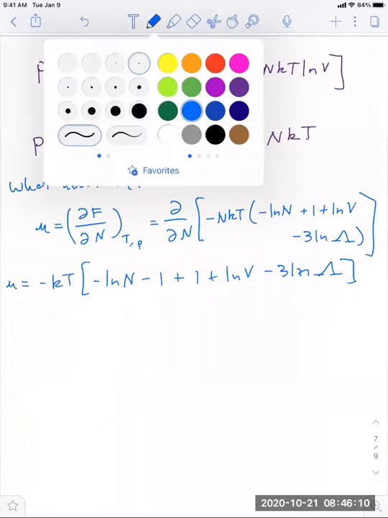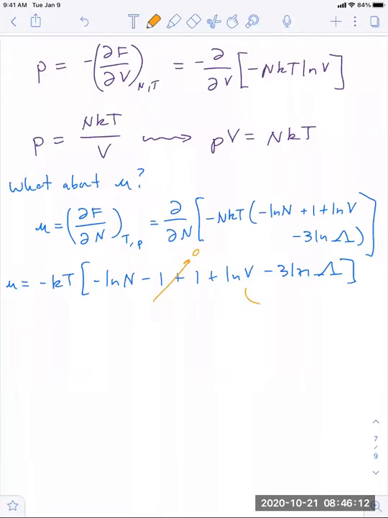So these guys cancel each other out. Volume I can rewrite using the ideal gas law, equals nkT over P.